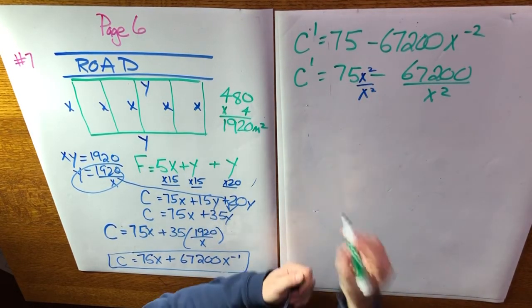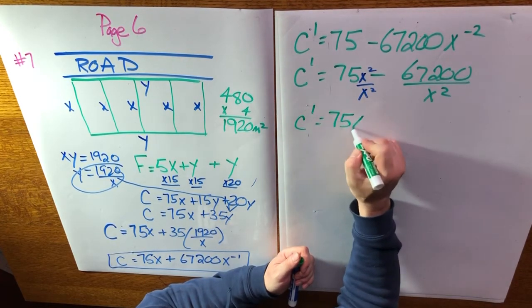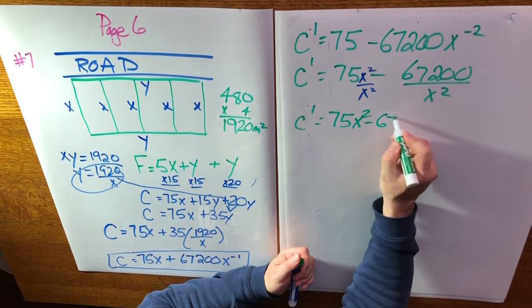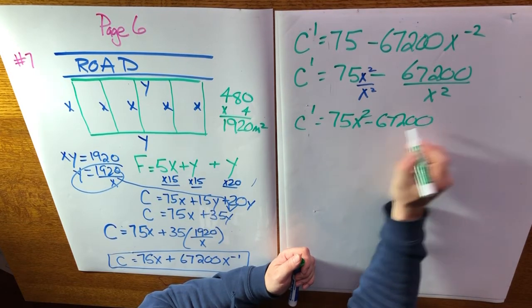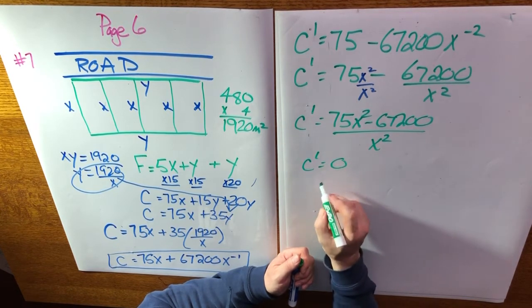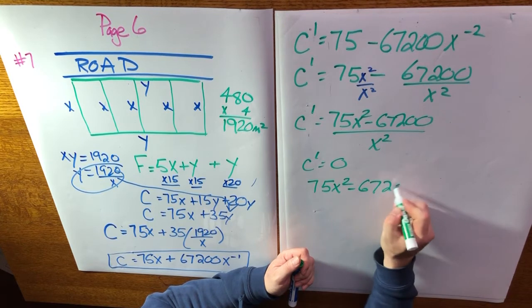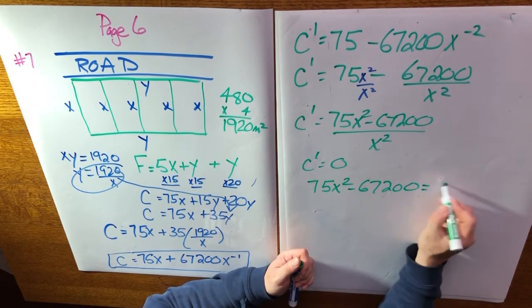And then you've got C prime equals 75 x squared minus 67,200 all over x squared. So set C prime equal to 0 by setting the numerator only equal to 0.